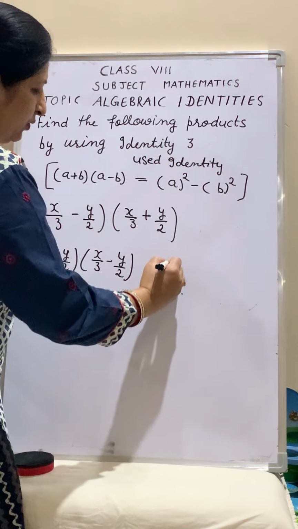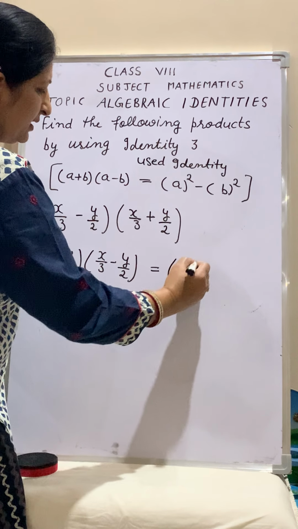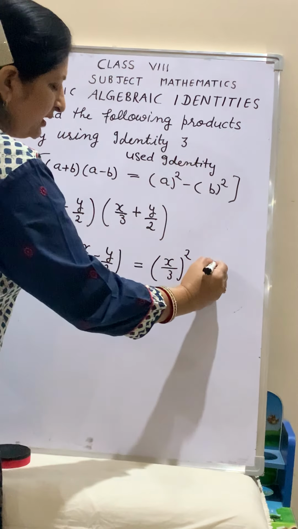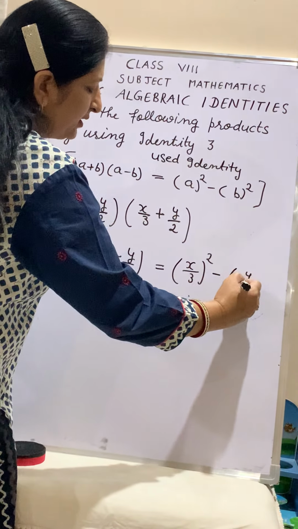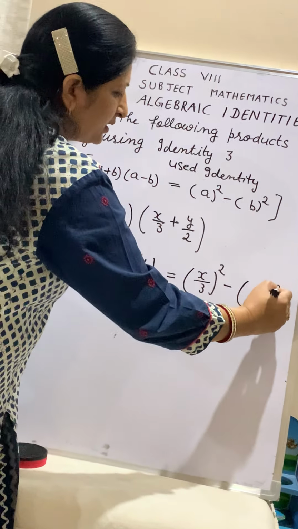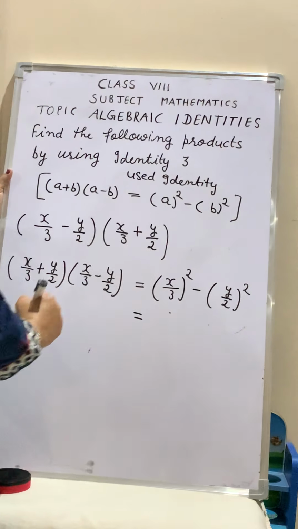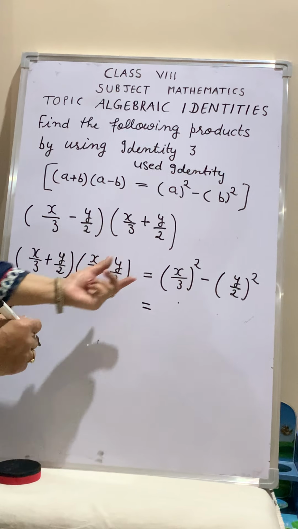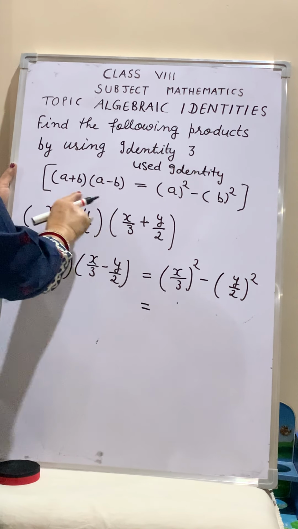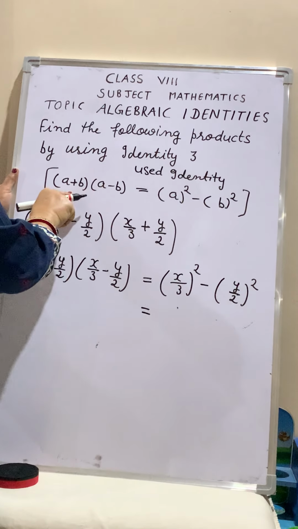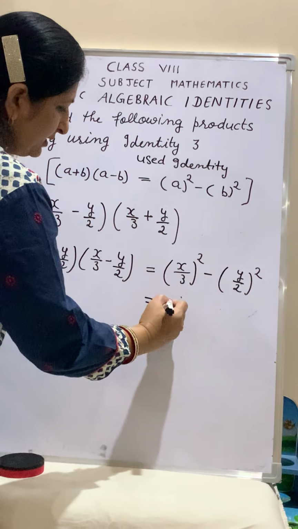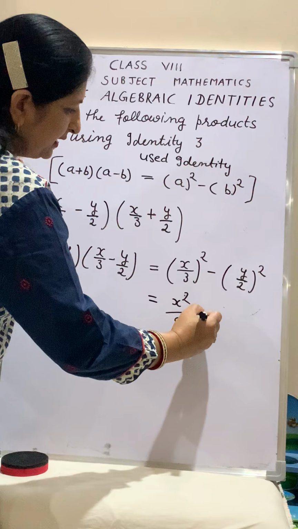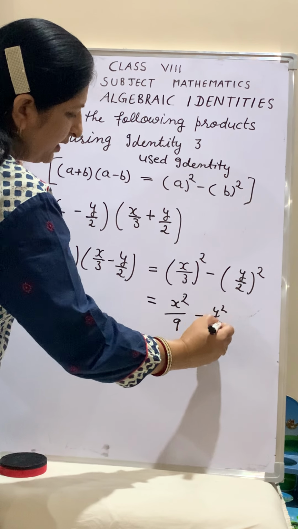x by 3. So whole square of x by 3 minus whole square of the second. What is the second? y by 2 whole square. First of all, you have to write down the left hand side, then the right hand side by using this identity. x raised to power 2, 3 3s are 9, minus y raised to power 2 by 4.